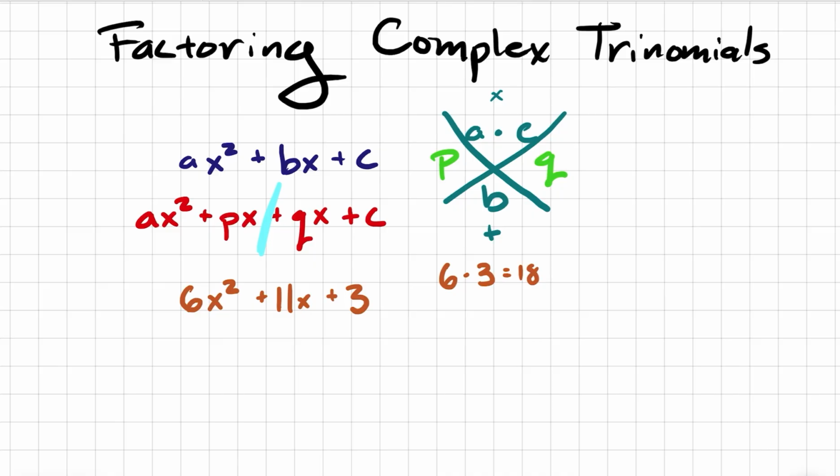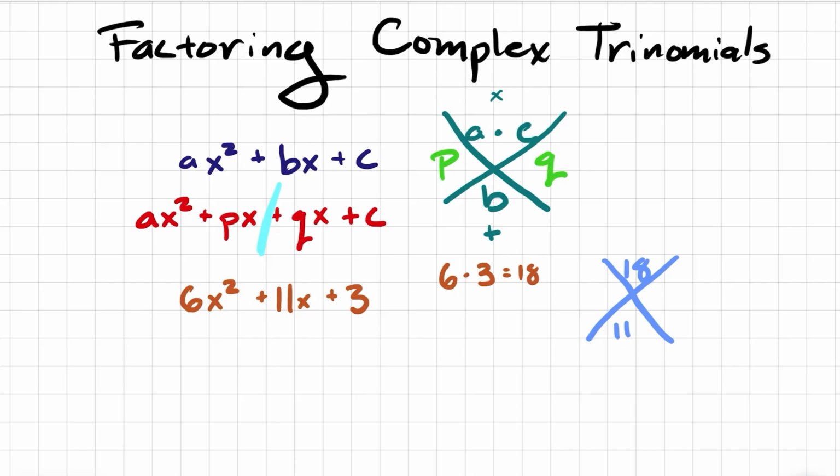Then I am going to take this 18 and 11, because that's my b, and I need to think real hard. I need to think of numbers that multiply to 18 but add to 11. The numbers that multiply to 18 are 1 and 18, 3 and 6, 2 and 9. I'm trying to think of any other ones, but I currently can't.